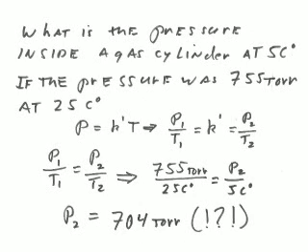How about another problem? What is the pressure inside a gas cylinder at 5 degrees Celsius if the pressure was 755 torr when the temperature was 25 degrees Celsius? Well, this is pressure and temperature. That makes it an Ahmed's law problem. Pressure is a constant times temperature.